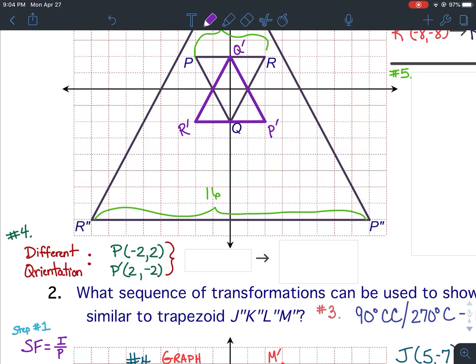So it's a different orientation, and I'm going to examine P, which is at negative 2, 2, and P prime, which is at 2, negative 2. Well, if it were 90 degrees clockwise or 90 degrees counterclockwise, 270 clockwise, 270 counterclockwise, if it was any one of those, the numbers would get flipped around.